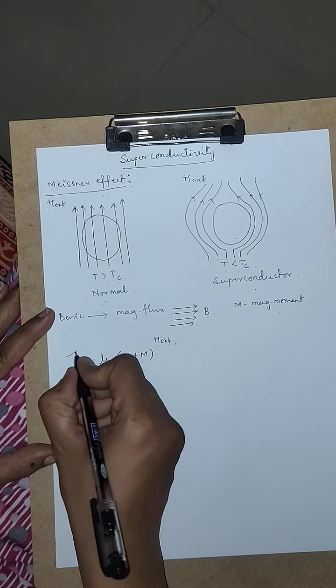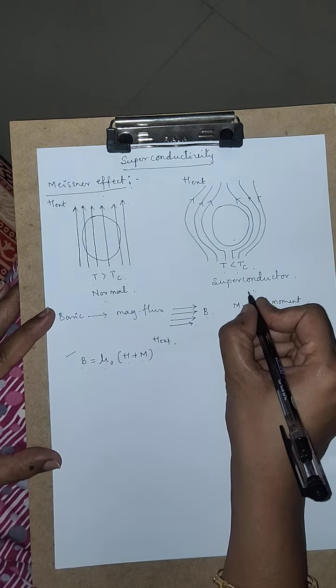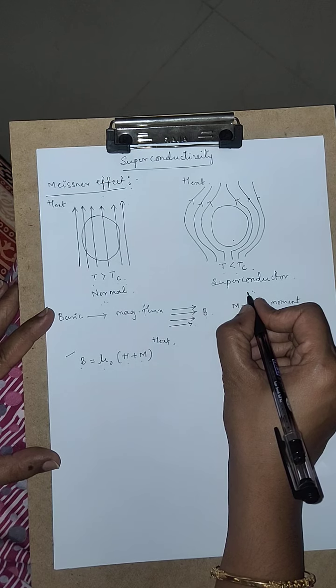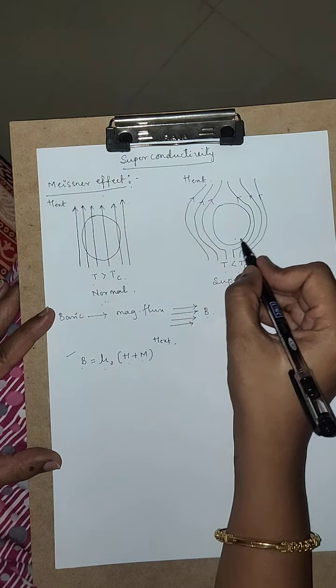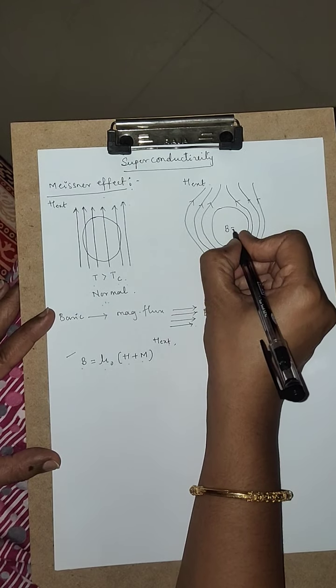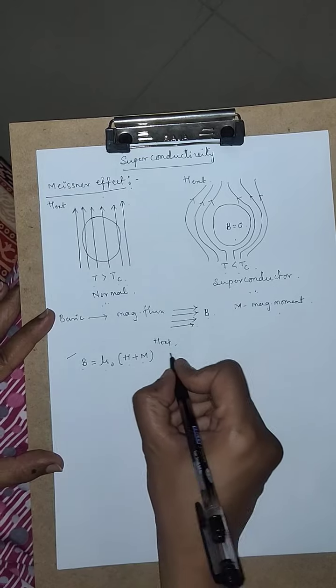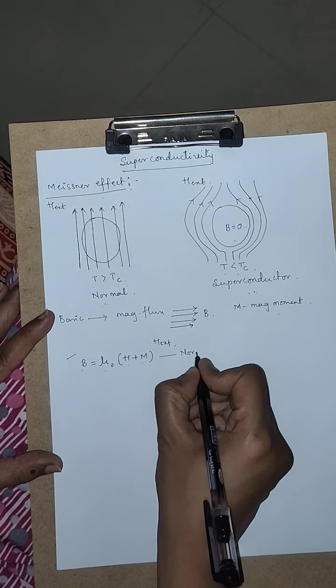This equation holds good in the normal state, but when the material is in the superconducting state, there is no flux inside the material. So we can say B is 0 in this region.